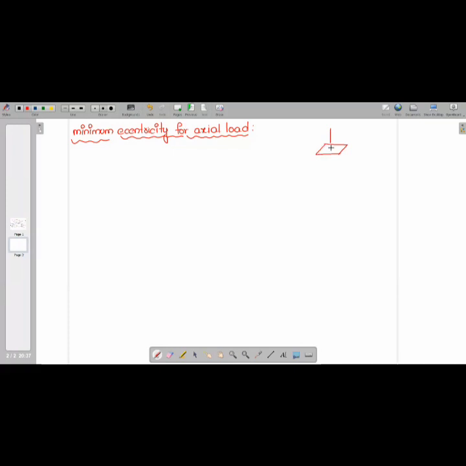Suppose for axial load, if I consider this as a section, the load is supposed to act here. But due to unskilled labor, mistakes, small errors in the placing of reinforcement, or any mishap, the load might be here. You will think that it is axial load, but it will act with some eccentricity.